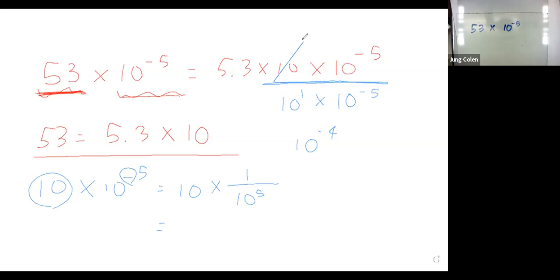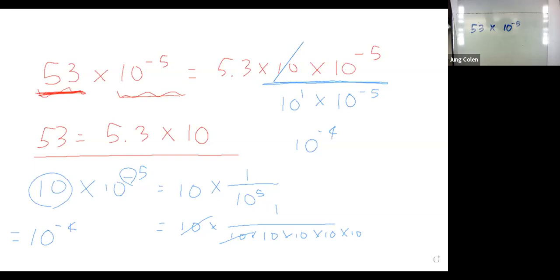If you want to simplify, 10 times 1 over 10 to the fifth is 10 over 10 times 10 times 10 times 10 times 10. You can simplify these two and have 10 to the fourth in the denominator, which is the same as 10 to the negative fourth power. Do you agree?